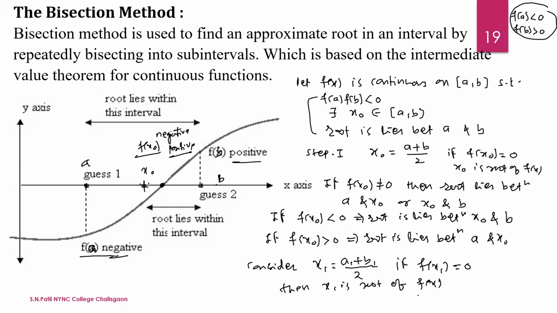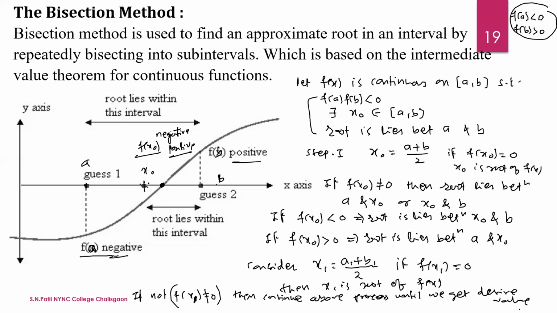If not, meaning f of x1 is not equal to 0, then continue the above process until we get the desired, accurate root.